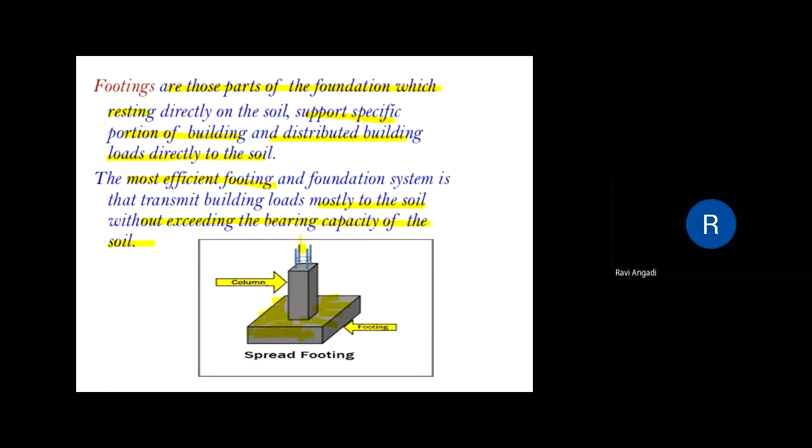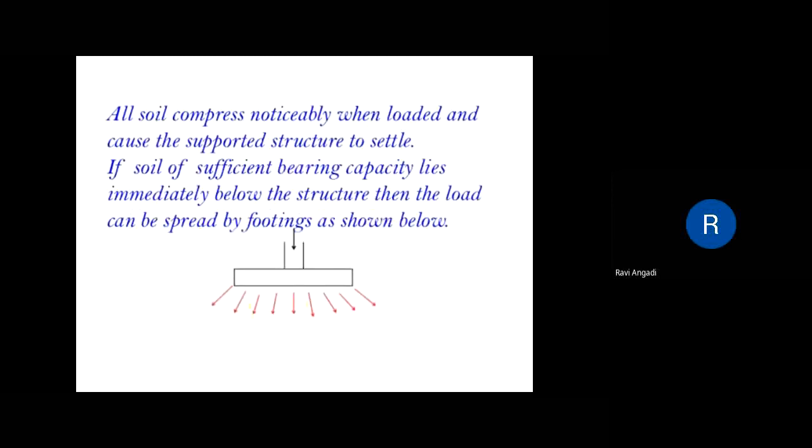Then you know how the load gets transferred here. This is the column load, this is the column, and this is the footing. Through the footing, the load is being transferred over a wider area like this. All soils compress noticeably when first loaded and cause the supported structure to settle.